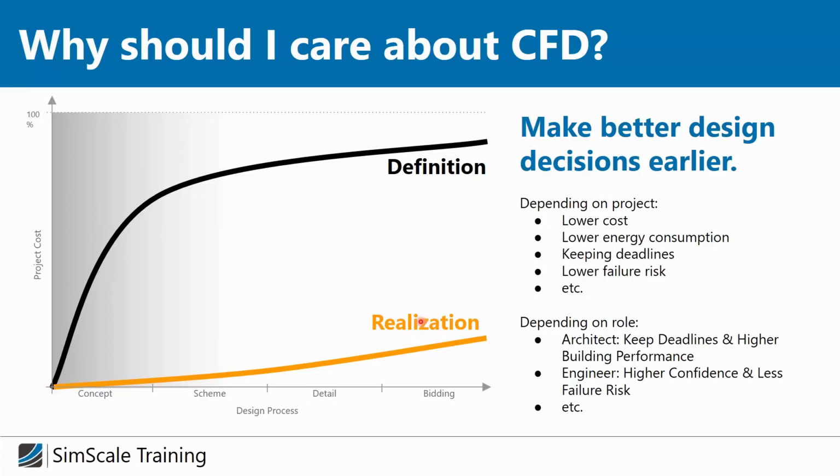So there is a tension field between these two things, because on the one hand a lot of very fundamental decisions related to the cost planning are taken at the beginning, while the costs really occur very much later.